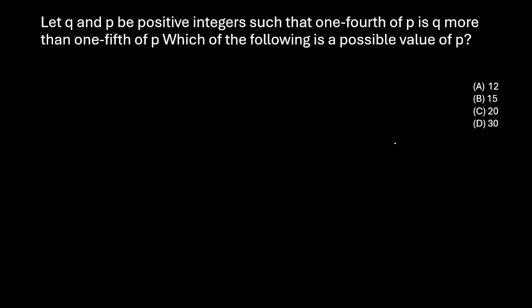Which of the following is a possible value of p? And these are the values. Again, solve it with a similar method. 1/4 of p is q more than 1/5 of p.